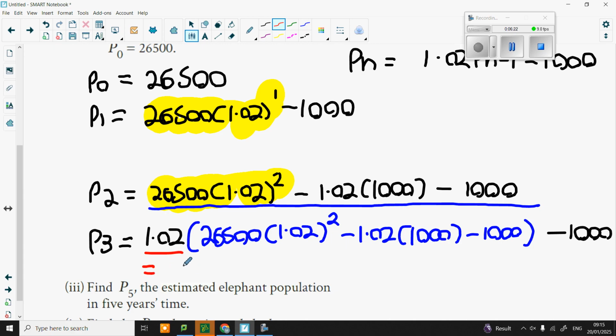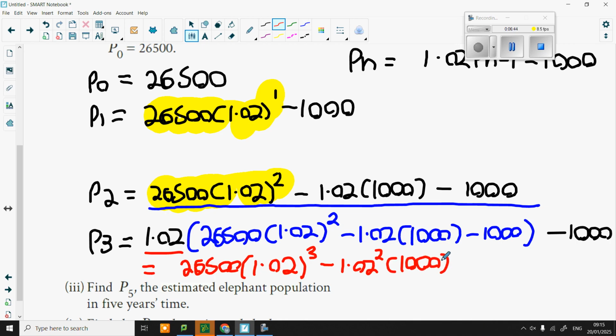You're going to multiply that in, and what do I get? 26,500 times 1.02 cubed. Good? Now what do we have here, guys? 1.02 times 1,000, yeah? Next one, minus 1.02 times 1,000. Then minus 1,000 at the end, not multiplied by. You get the gist, right?